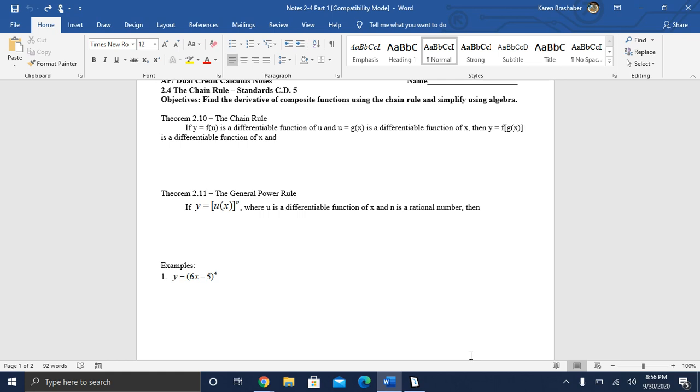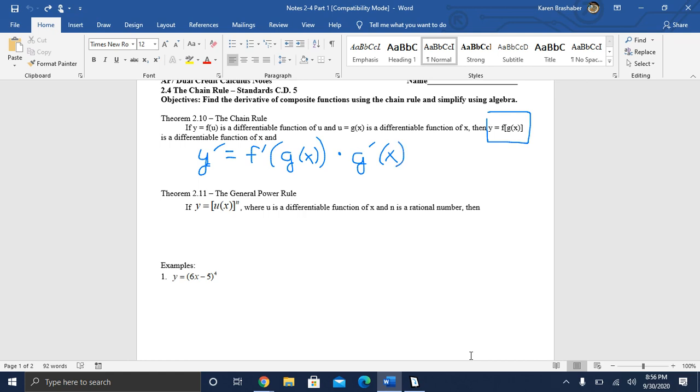And so the chain rule is going to be described in the following way. For a composite function y equals f of g of x, the derivative y prime equals, we'll do the outer derivative first, so f prime of, and we'll keep the g of x the same, and then we'll multiply by the derivative of the inner function, so multiply by g prime of x.